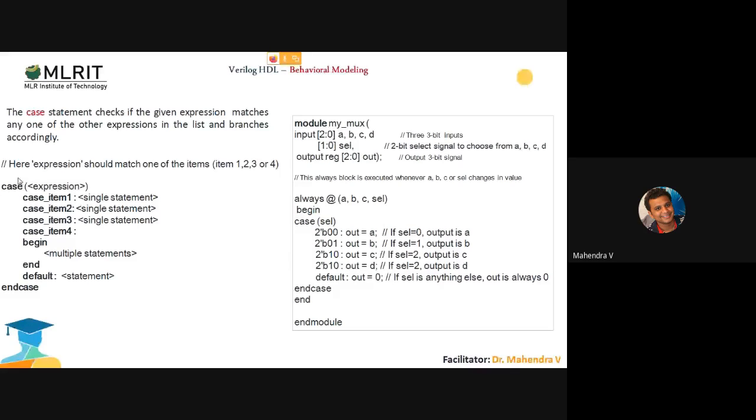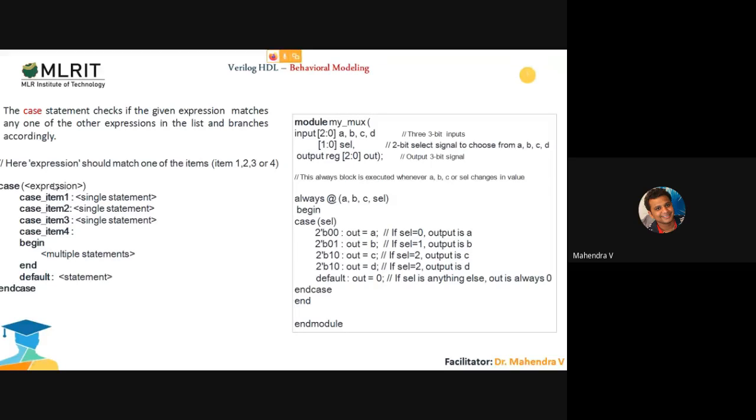This is the syntax of the case statement. Case, the expression we want to verify, and then the first value of the expression, then the second value, third, fourth, like that we keep on. For a single statement we can write directly.